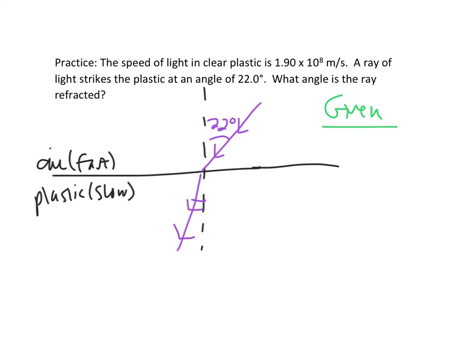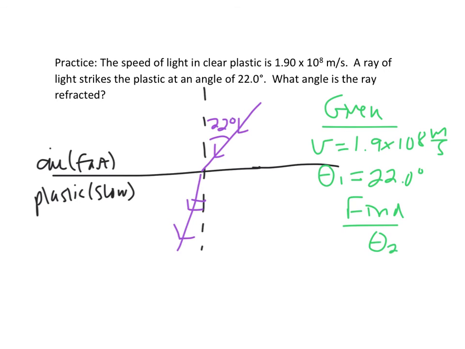Given the speed in plastic is 1.9 times 10 to the 8th meters per second, and that the angle of incidence, so theta 1, is 22 degrees. We're looking for theta 2.